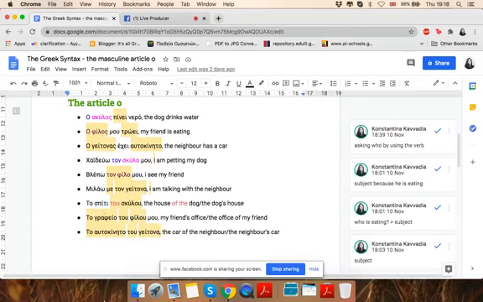The office is the possession, and του here is of the, ends in u, and likewise the word friend ends in u. Next one, the neighbor's car, το αυτοκίνητο, the car, του of the neighbor, γείτονα.